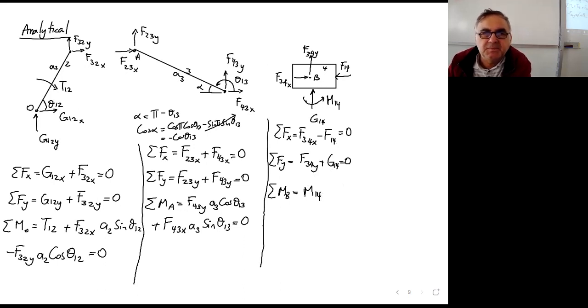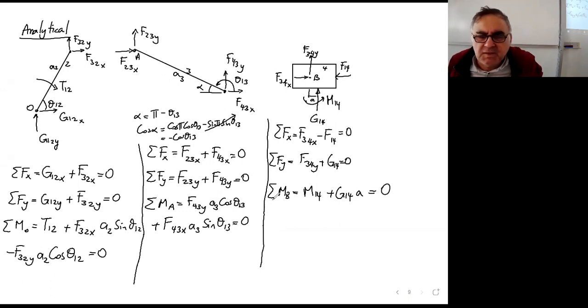Well, let me draw this a little bit better. Let's say this is G14, and this distance is A. So M14 plus G14 times A. This is the point of application of the reaction force. That A distance might not be known, by the way.